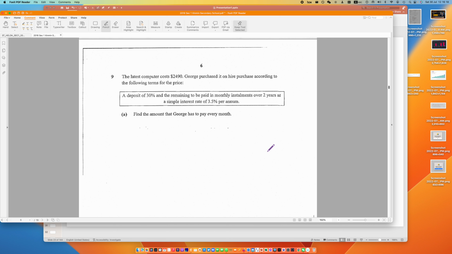Do you understand this kind of payment or not? I remember last time you got it right, and this time you are wrong, because you never include the interest. Your first step is correct, but from the second step onward, you never include the interest. How do you account for the interest now? 3.5 divided by 12.